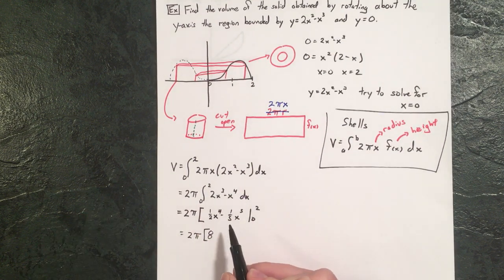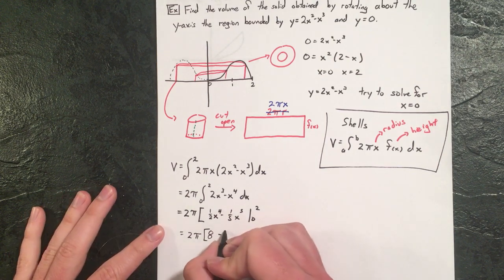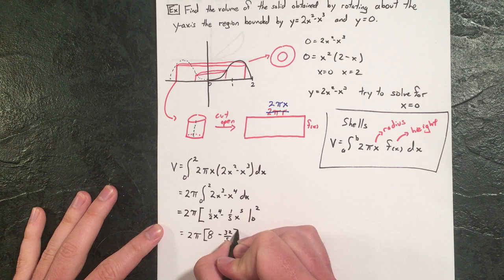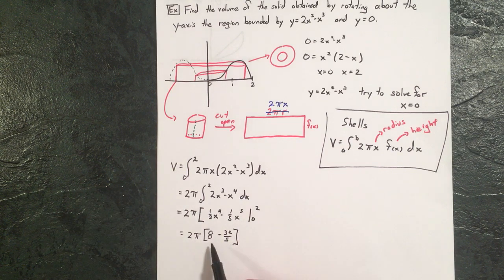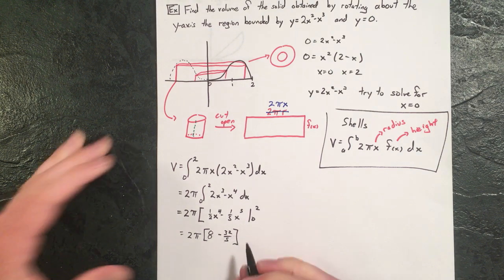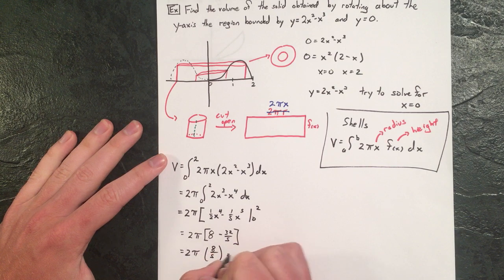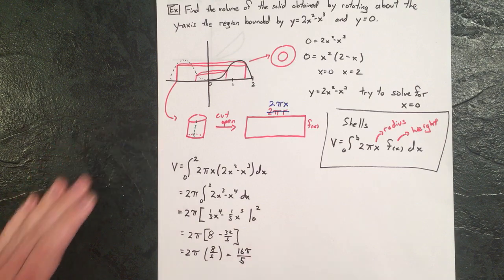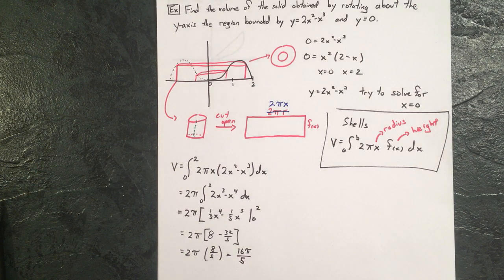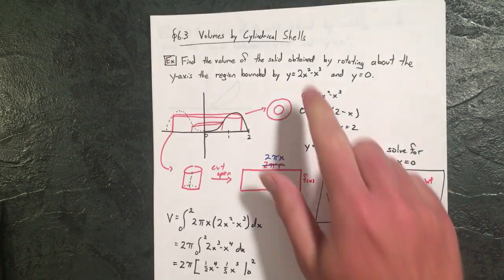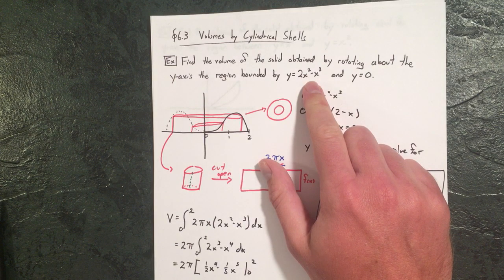And then we have 2 to the 5th, which is 32 over 5. And then we're thinking 8 over 5, or 8 if we were making it over 5 is 40. So this is really becoming 8 there, 8/5. And so now we just have 16 pi over 5. And that's going to be our exact volume for this shape rotated around the y-axis.